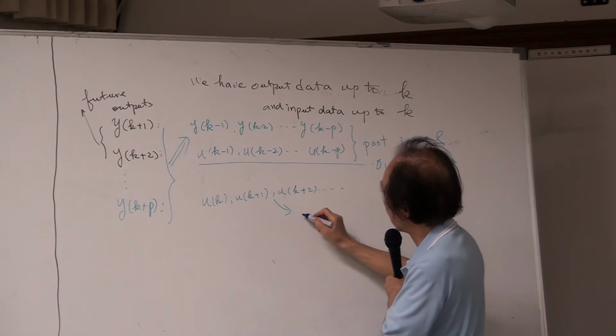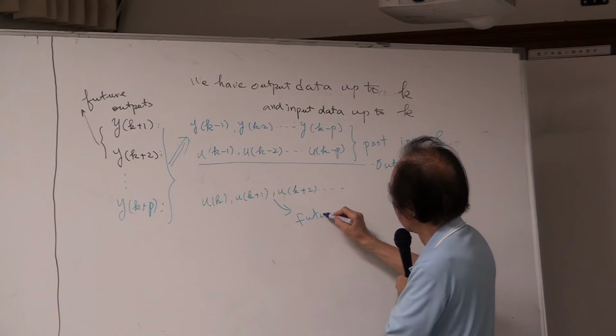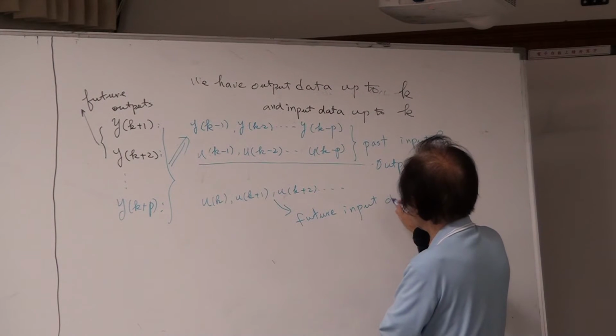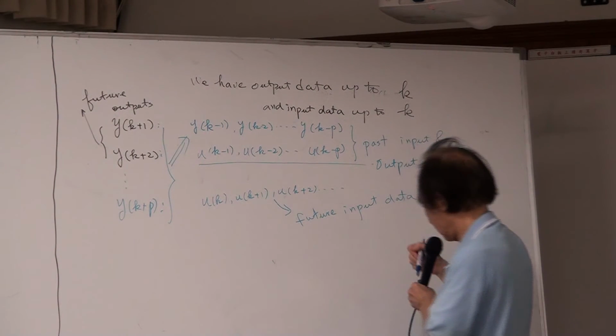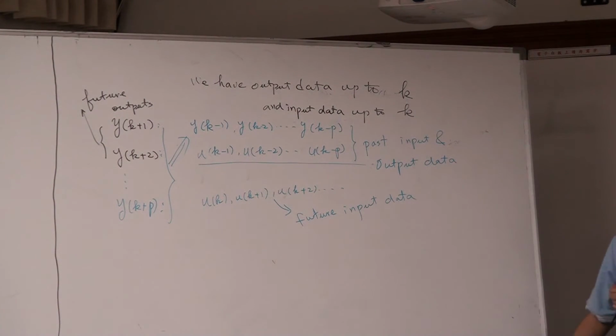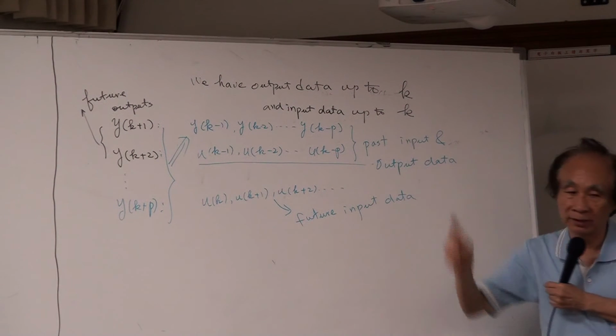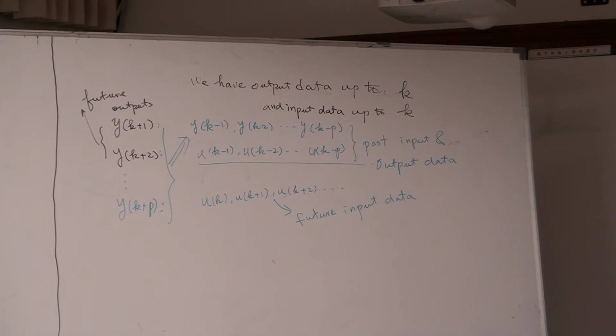And this I call future input data. Okay. So I have past input output data. I have a future input data, and then how can I compute the future output data? So that's what I'm going to do.